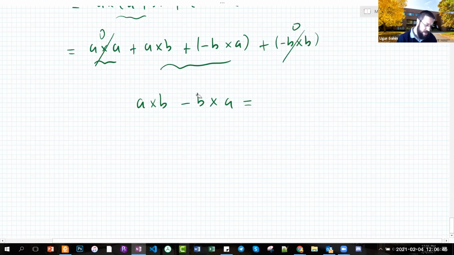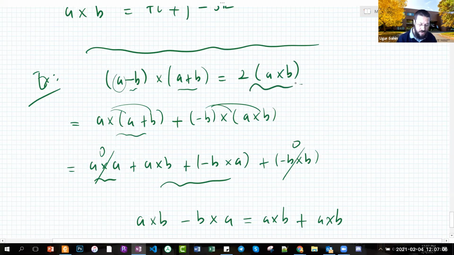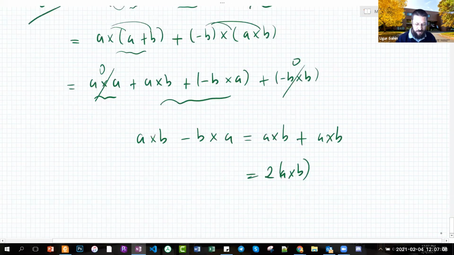But remember, we had a commuting feature in this way. If you have the negative B times A, that is already equal to A times B. We just discussed that at the beginning. So now you can add them to get 2 A times B, and that's what we need. So now we proved that.